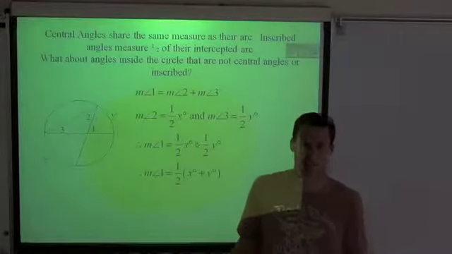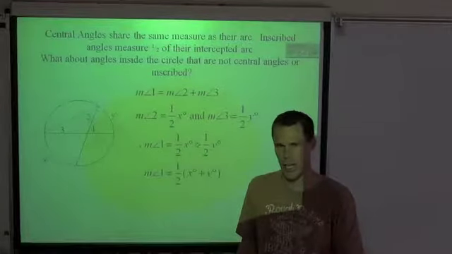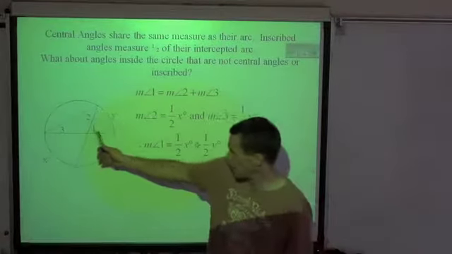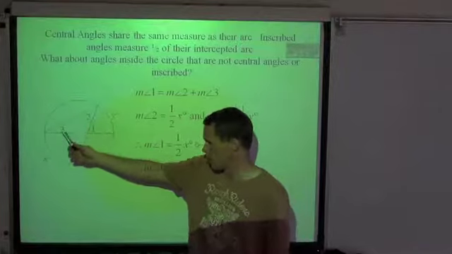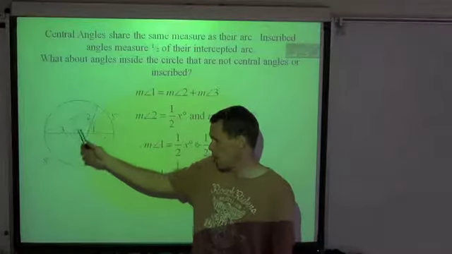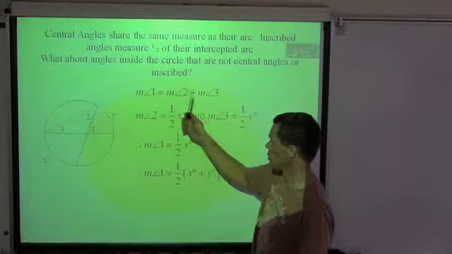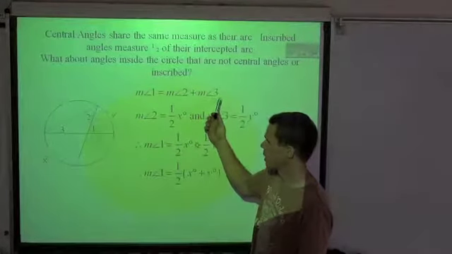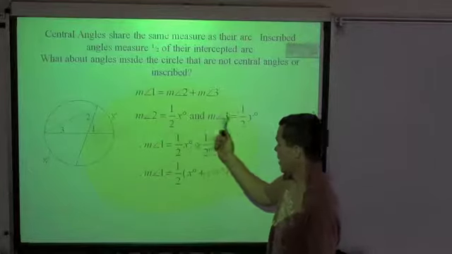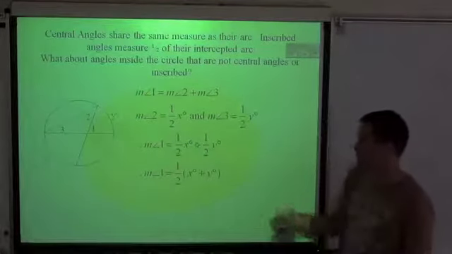From our previous lesson, we remember the exterior angle theorem. Angle 1 is actually equal to angle 2 plus angle 3. Here's our triangle. 1 is an exterior angle. Angle 1 equals angle 2 and angle 3. But angle 2 is 1/2 of X, and angle 3 is 1/2 of Y. So let's substitute.